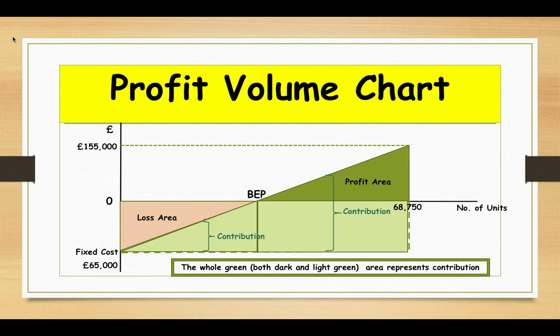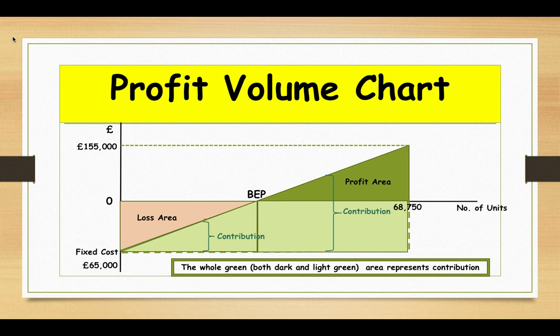We are going to see the profit volume chart. So the profit volume chart, if you look at the y-axis, so the fixed cost is minus 65,000. So the loss area is the pink area, and the dark green area is the profit area.